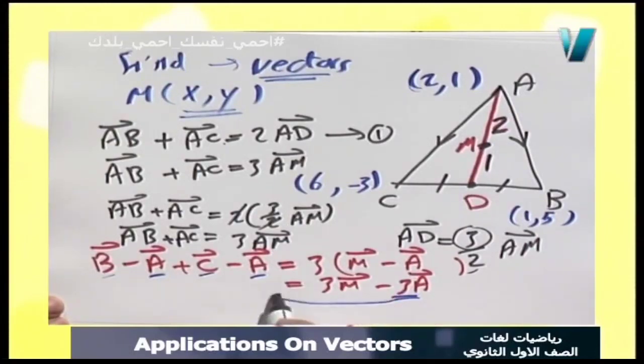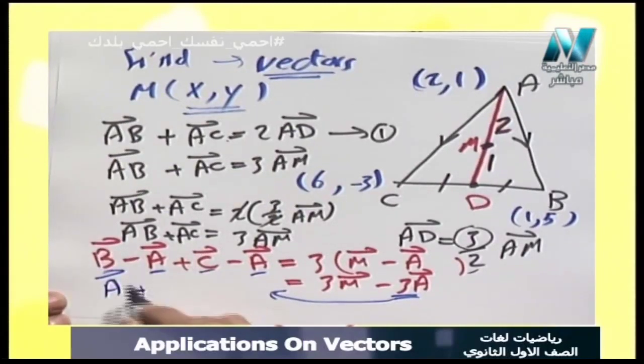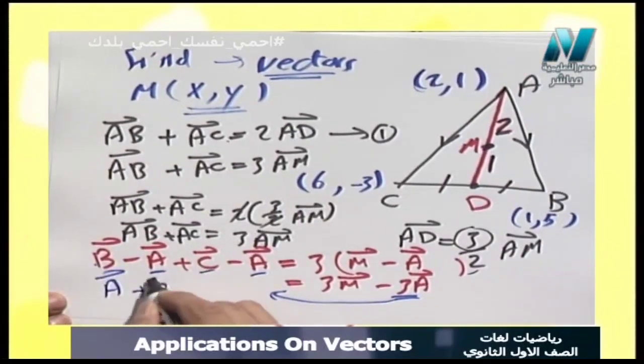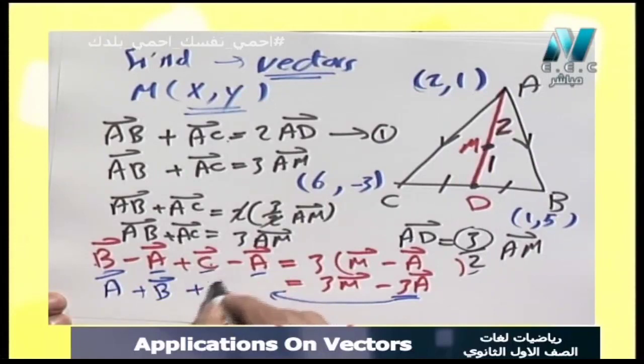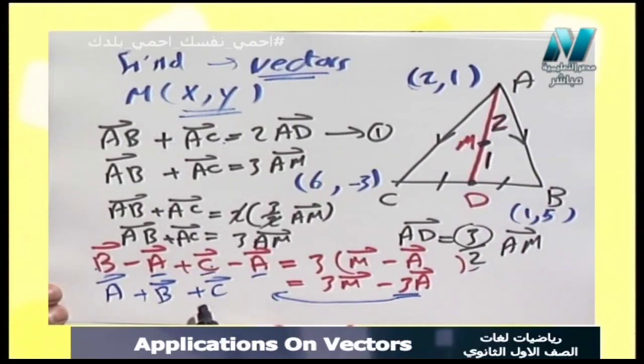By transferring -3A to the other side, we will get positive 3A, and we have here -2A, so the answer will be A only, plus this B plus this C. So we have these equal what? Equal 3M.